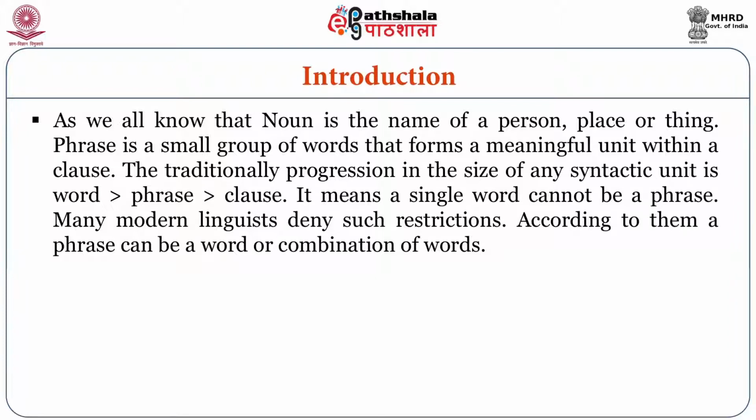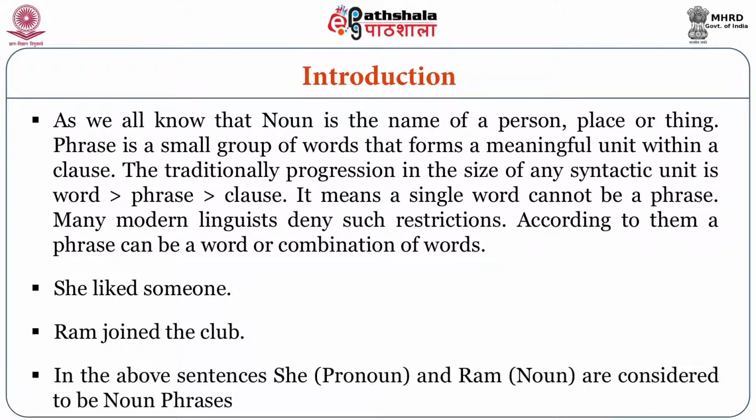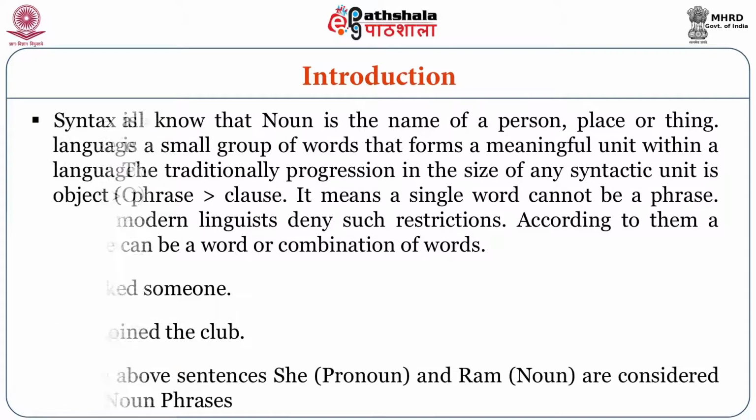Many modern linguists deny such restrictions. According to them, a phrase can be a word or combination of words. For example, she liked someone. Ram joined the club. In the above sentences, she is the pronoun and Ram is the noun, and they are considered to be noun phrases.